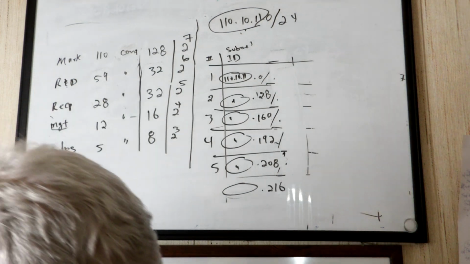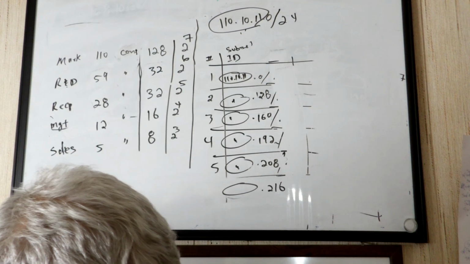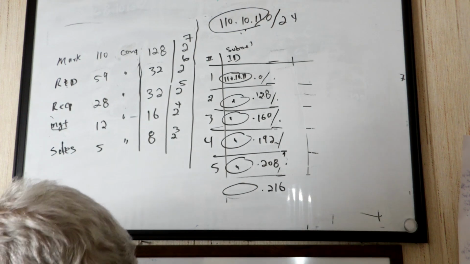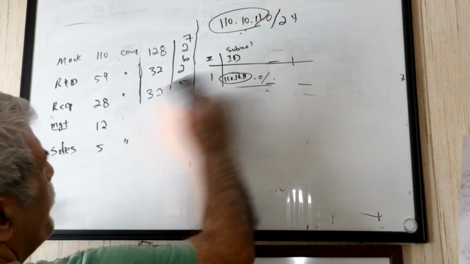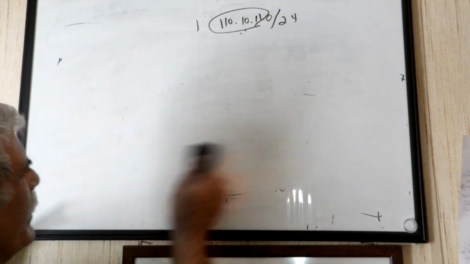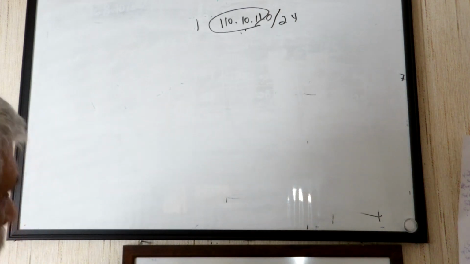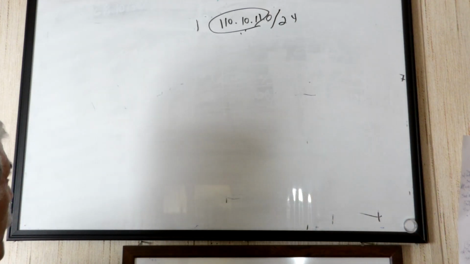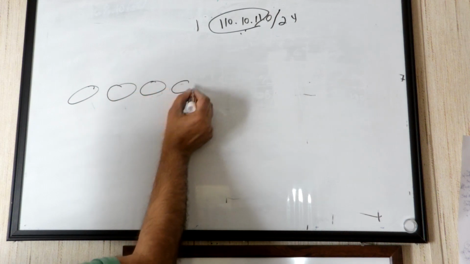We are going to talk about IPv6. IPv6 has 128 bits, and there are 8 fields.